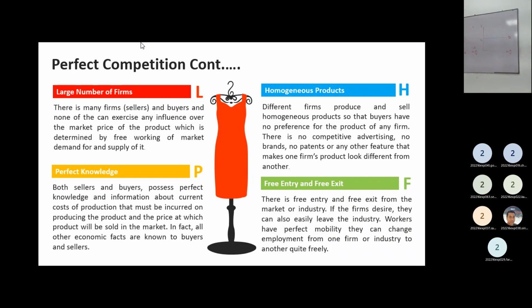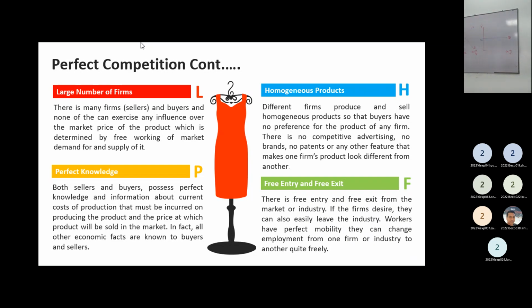We know everything regarding the prices, where this product is coming from, what inputs it needs, what the cost is. And sellers also know that customers are knowledgeable. So this perfect knowledge is there in this type of market structure.